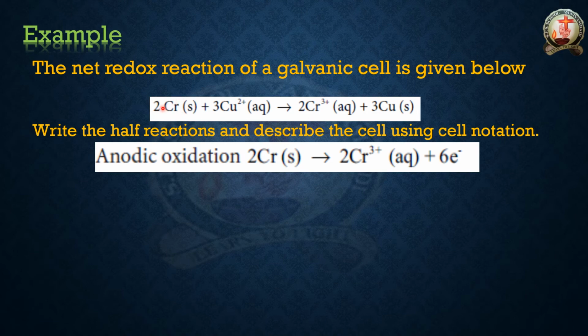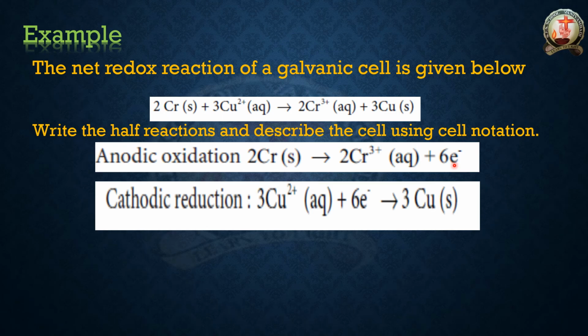Cr(s) is converted, losing electrons. We get 6 electrons, because 3 electrons come from only 1 mole of chromium, but we have 2 chromium atoms, so we get 6 electrons.